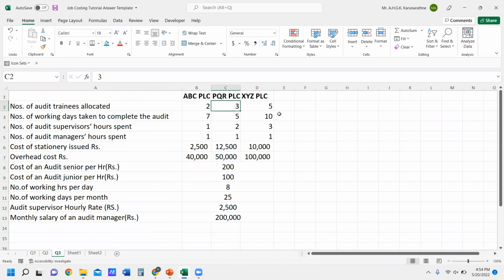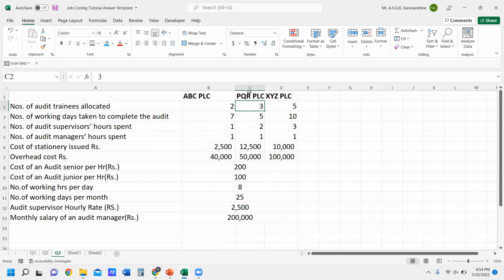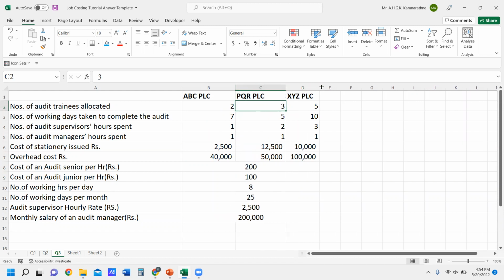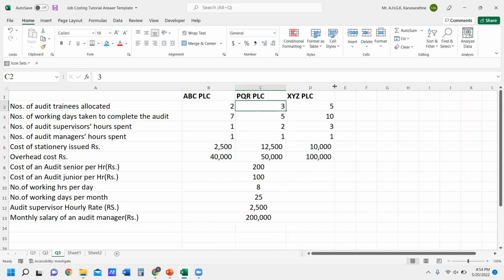It's similar to vehicle 1, vehicle 2, vehicle 3. Instead of vehicle, we have audit engagement. ABC PLC, we have an audit assignment engagement. PQR PLC, we have accepted a particular audit engagement. So these are different jobs, and these are the information. Based on this information, I think you can easily compute the cost of each audit assignment.